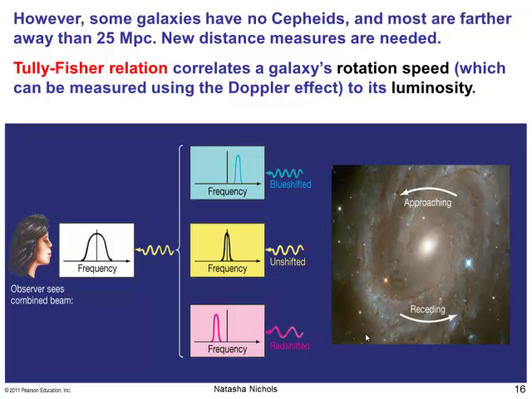The amount of broadening is a direct measure of the rotation speed of the galaxy, such as the one at the right, NGC 4603, which is about 100 million light-years away.